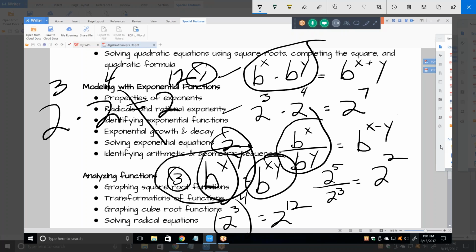Therefore, I cannot be multiplying the exponents. I have to be doing one level less. So it's really 2 to the 7th. Okay? And to me, that's the easiest way to remember it, is you're never doing the same thing to the exponents as you are to the base. And as long as you have the same base, then you just apply these three rules of exponents.